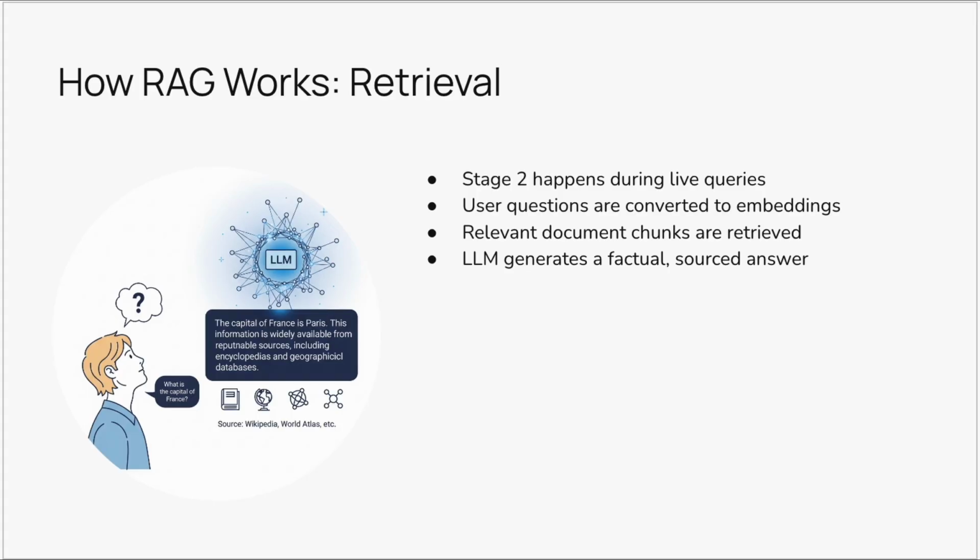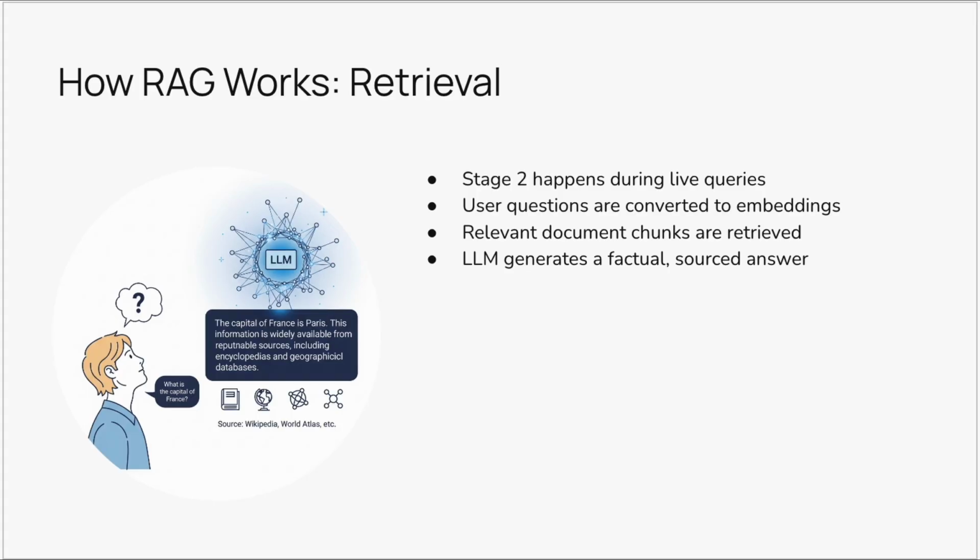Stage 2 is the retrieval and generation part. This happens in real time, every time a user asks a question. First, we take a user's question and convert it into a vector, just like we did with our documents. Then we use that question vector to search our vector database for the most semantically similar chunks of text.